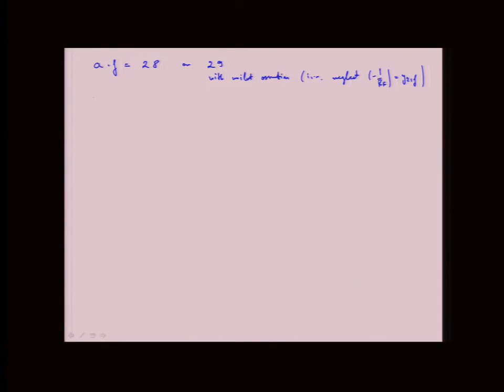If you do now A closed loop, which is going to be 1 over F times AF over 1 plus AF, you're going to get minus 966 ohms or minus 967 ohms in this case. So 1 ohm difference. That's not a big deal.